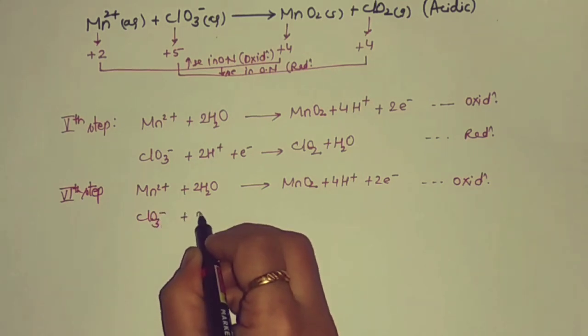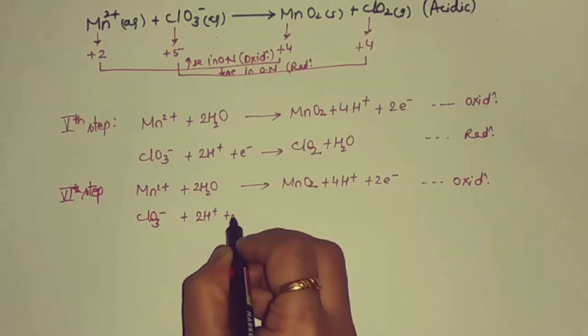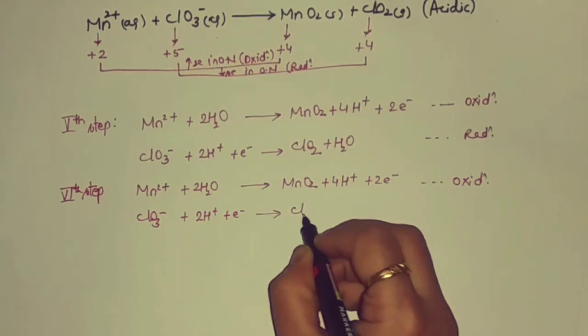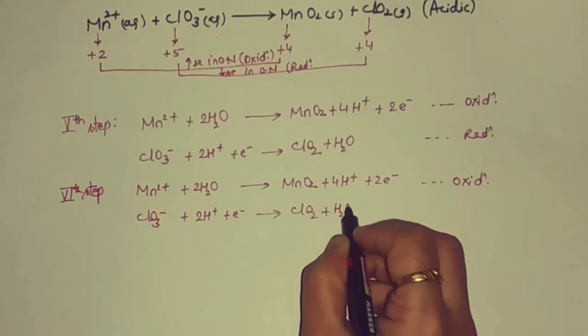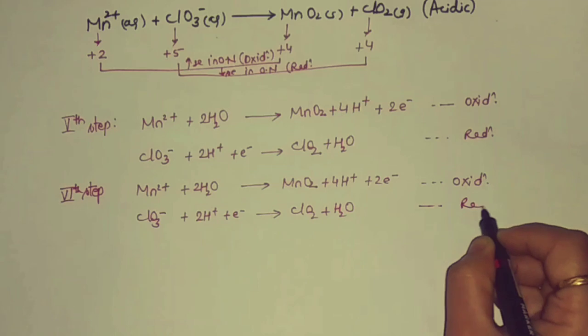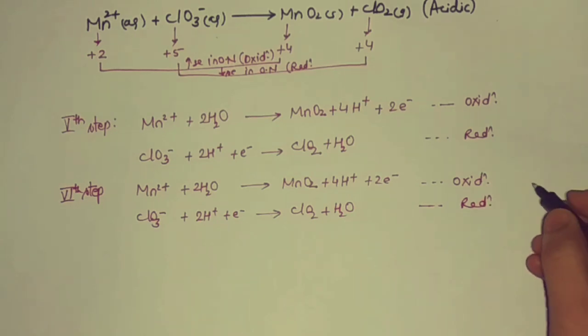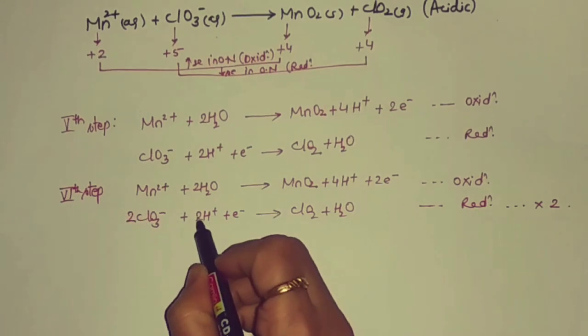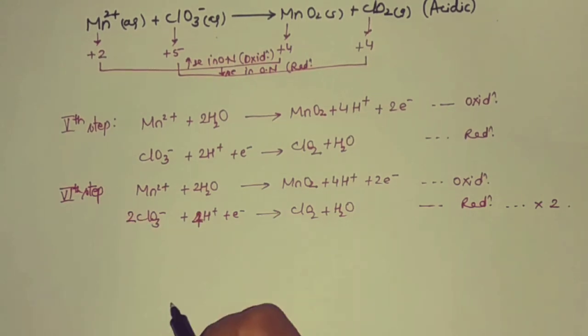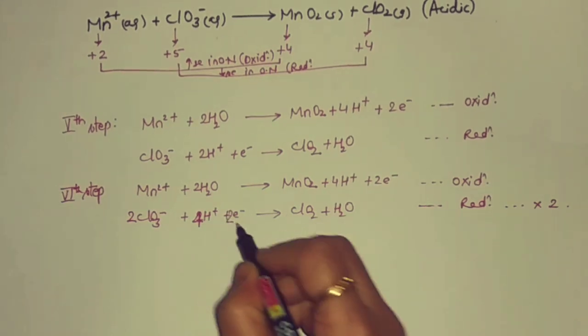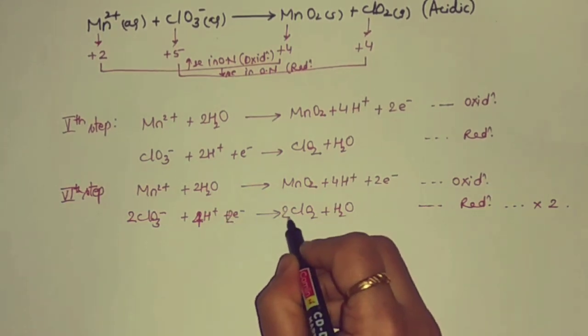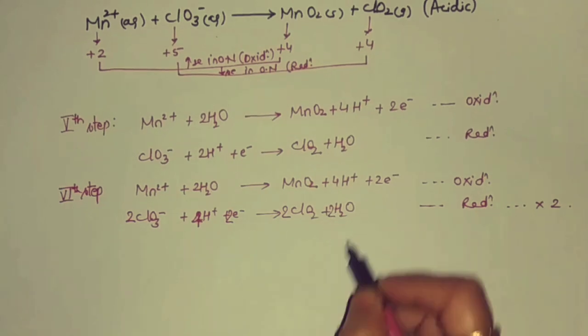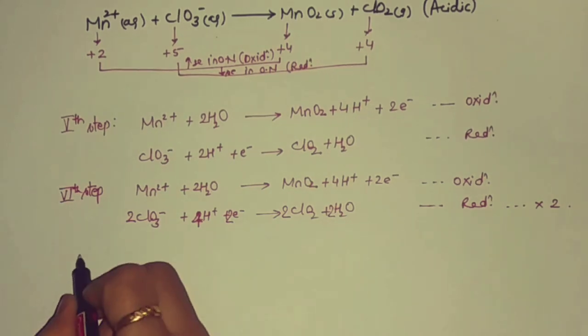ClO3- plus 2H+ plus electron will give you ClO2 plus H2O. We multiply this equation by 2. So we get 2 ClO3- plus 4H+ plus 2 electrons gives 2 ClO2 and 2 H2O. So let us write down the overall equation.